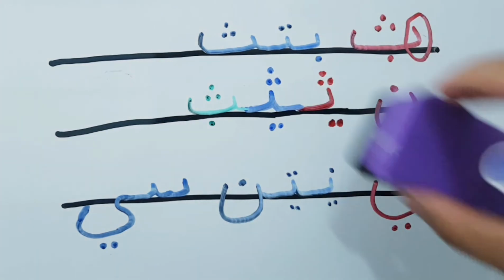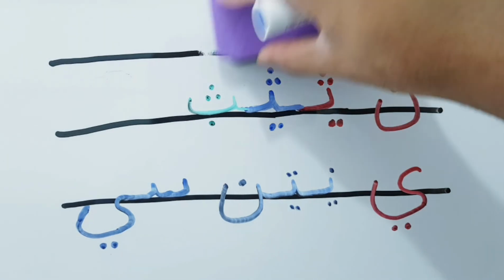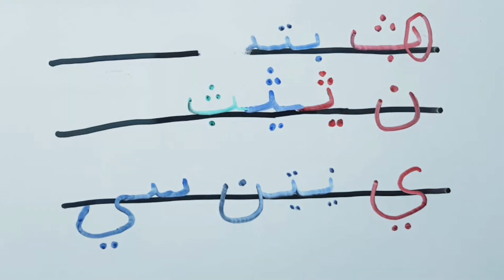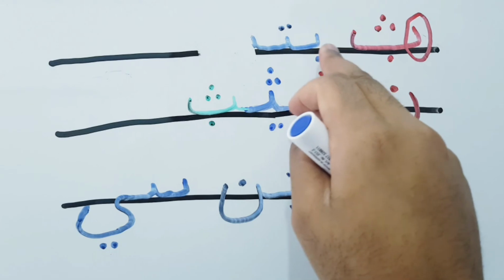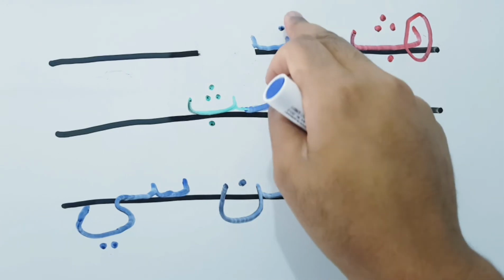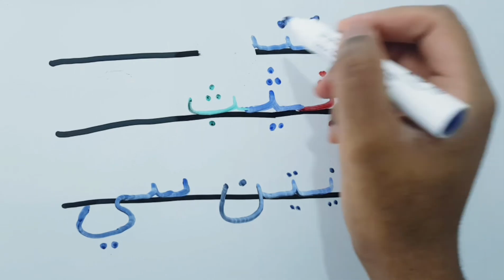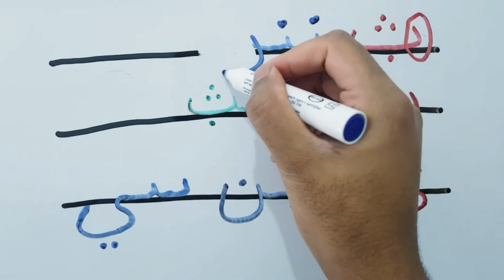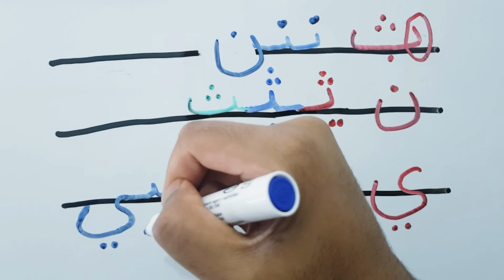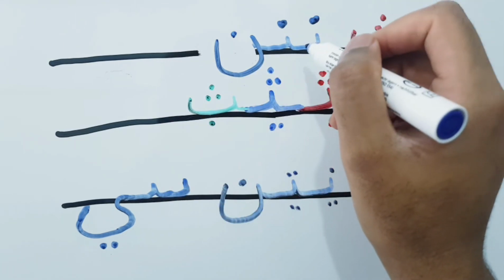The next row, I want you to do exactly the same. Same thing at the start. But instead of ba and ta, I want you to make it a noon. So noon, noon, and then noon at the end. One row of this.